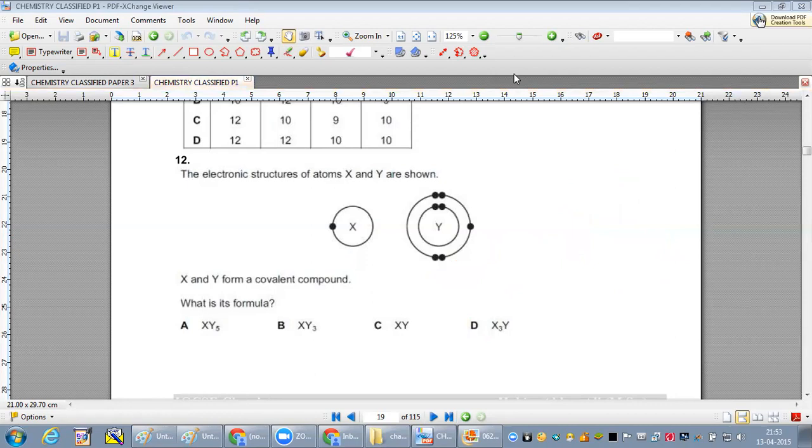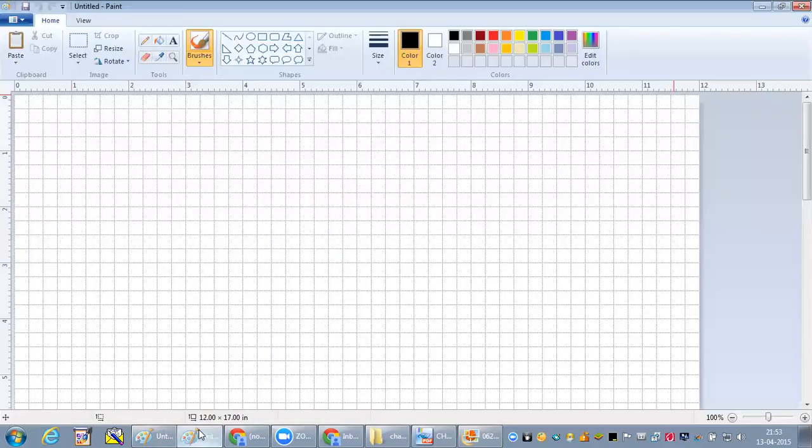I'm going to take a few more additional examples. I'm going to give you some electronic configurations. You have to identify the group number and the period number.